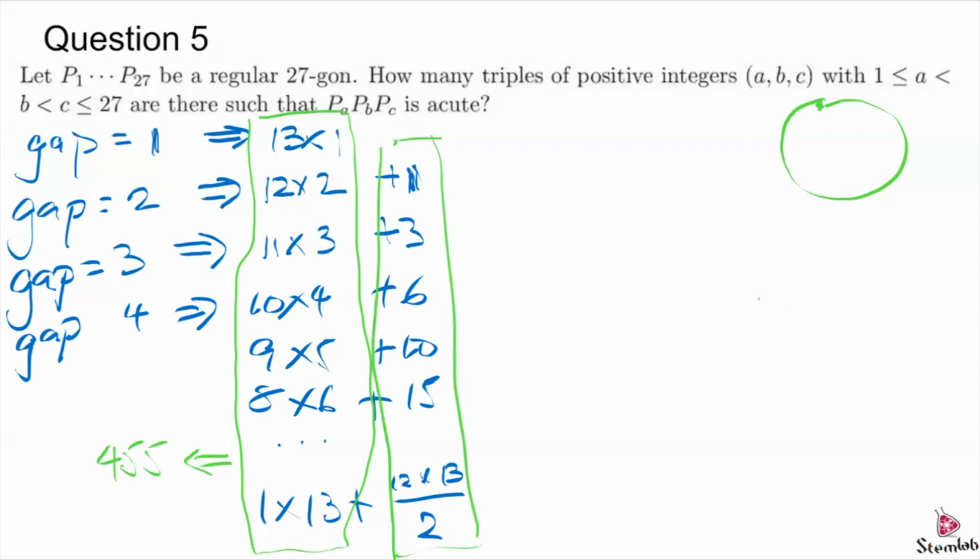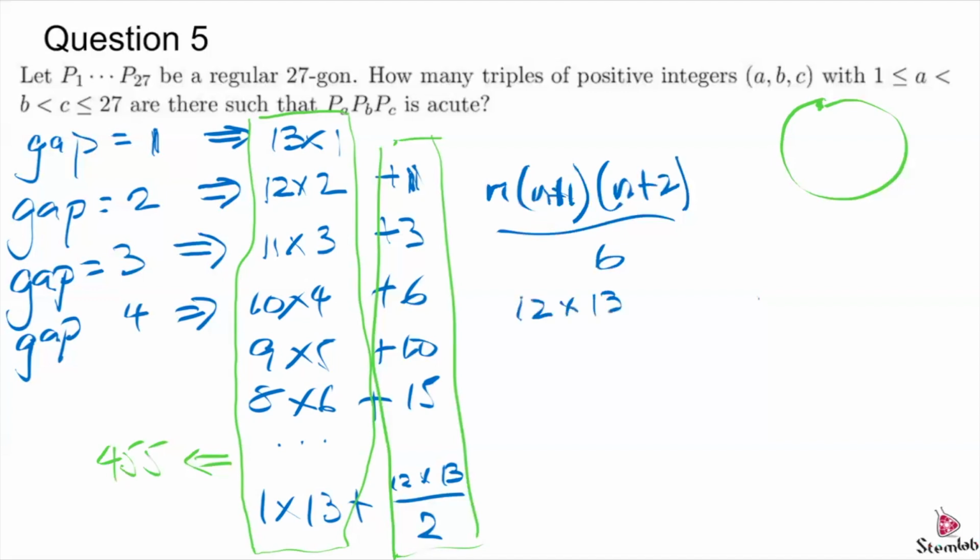And on this side, you might know or remember, if not, this will be a good place to learn, that triangular numbers can be just summed as n times n plus 1, n plus 1, n plus 2, all over 6. So we end up with the 12th triangular number being 12 times 13 times 14 over 6.